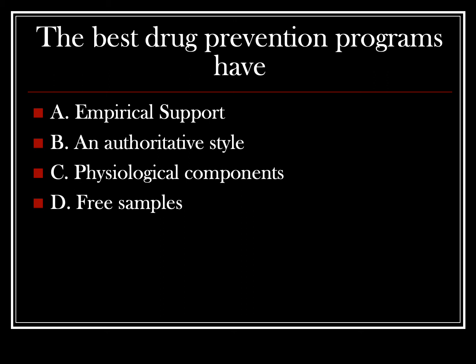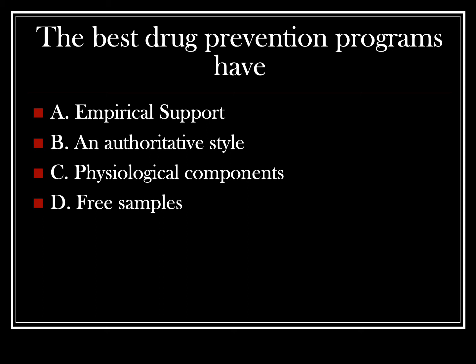The sample items include this first one. The best drug prevention programs have A, empirical support, B, an authoritative style, C, physiological components, or D, free samples. Well, I hope after the weeks we've spent together, you know I would go for empirical support.